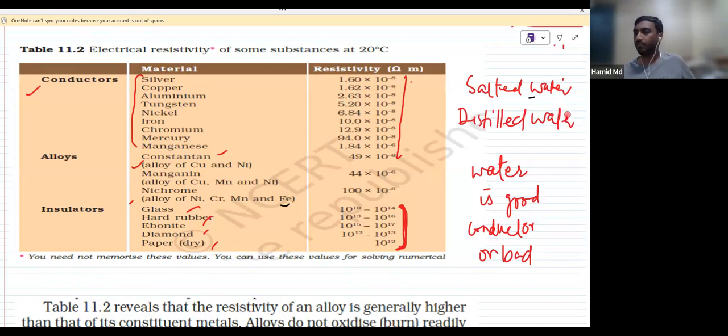Which one is relatively the better conductor? Salted water means the water in the rivers or the sea. The other is distilled water. Relatively, which one is good? Salted, of course. Okay, Madiha, did you say something? Salted water. Okay.